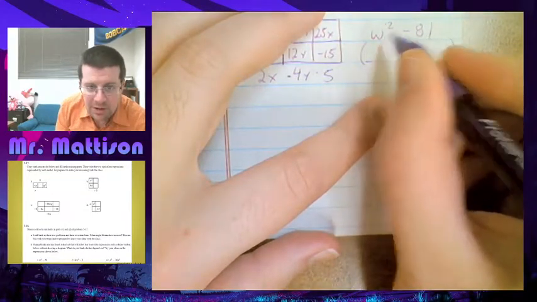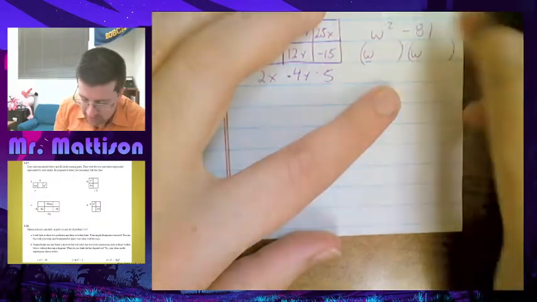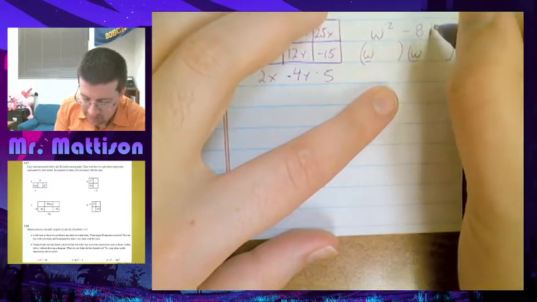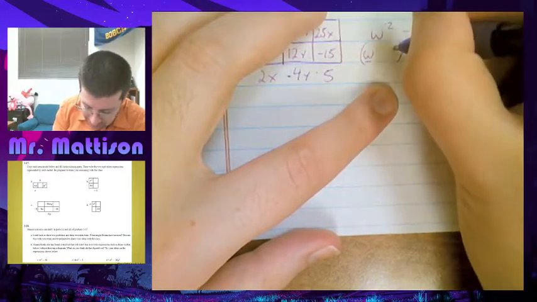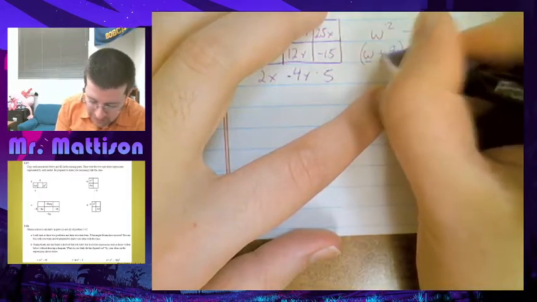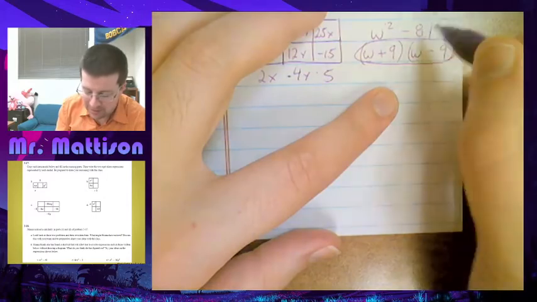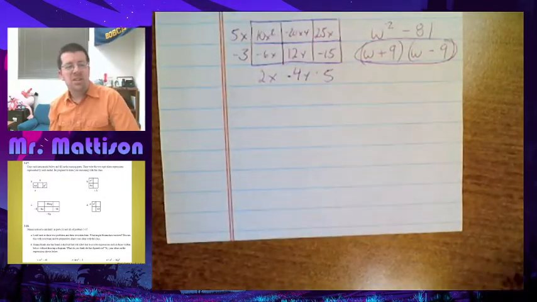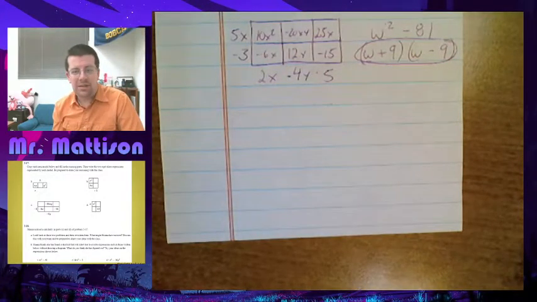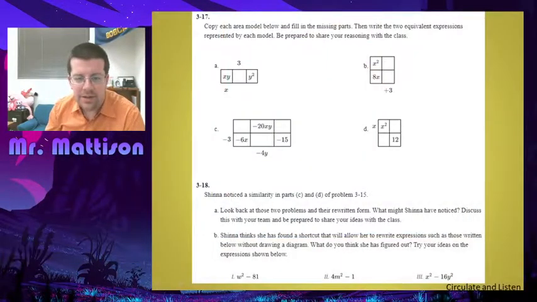The square root of w squared is just going to be w, and the square root of this is going to be 9. So that goes here and here. And then one of those is positive, one of those is negative. There's my pattern, and it works because of that being negative. So really, that's crazy easy and crazy fast. Let's try that out on the second and the third one.